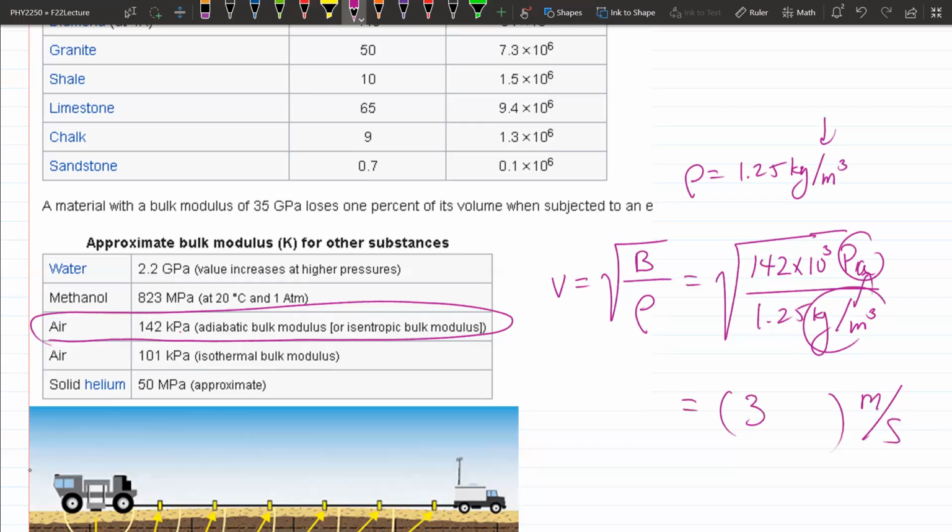You get the speed of sound in air to be about 337 meters per second, which is approximately what they are at sea level. That makes sense? So if you know the bulk modulus and you know the density of that material, you can always calculate the speed of sound in those materials. Sorry, the speed of compression waves in those materials.